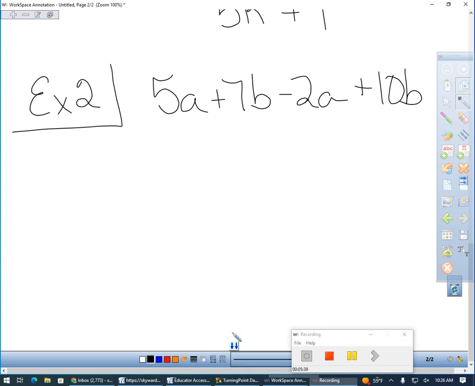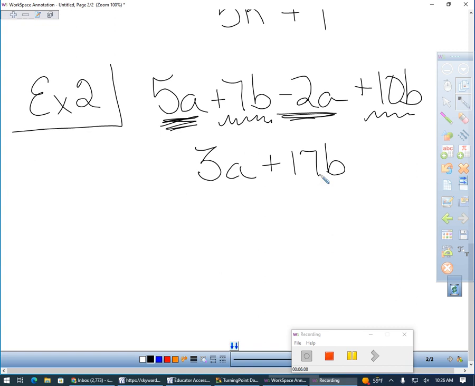Yes, alphabetically it comes first. So I have a 5a and I have a negative 2a. Remember that sign goes with it, right? So how many a's do I have? 3a. Very good. Then I have a positive 7b and a positive 10b. Good. Plus 17b.